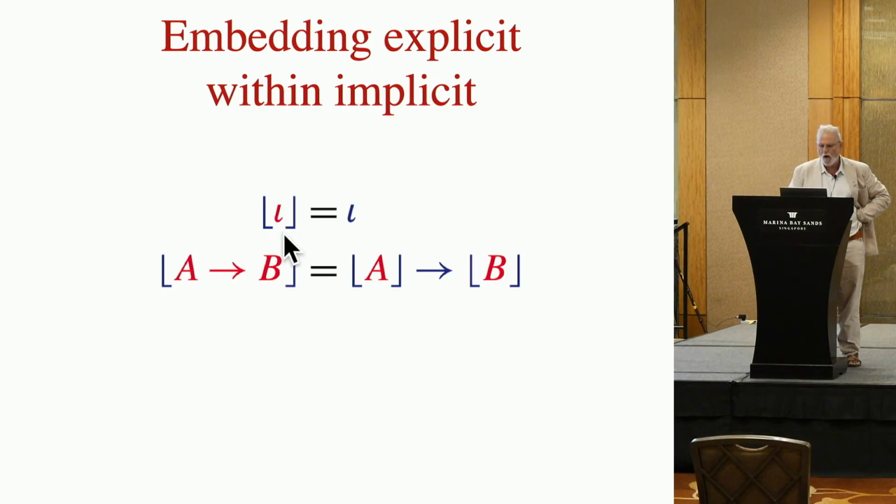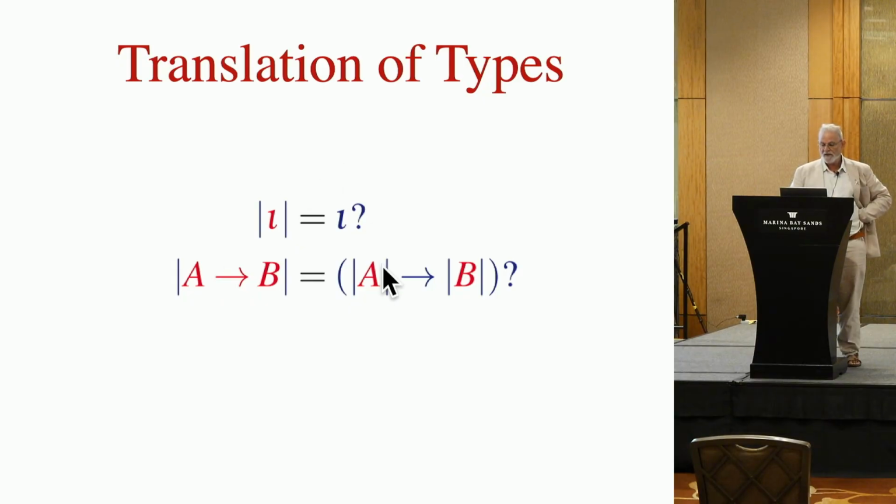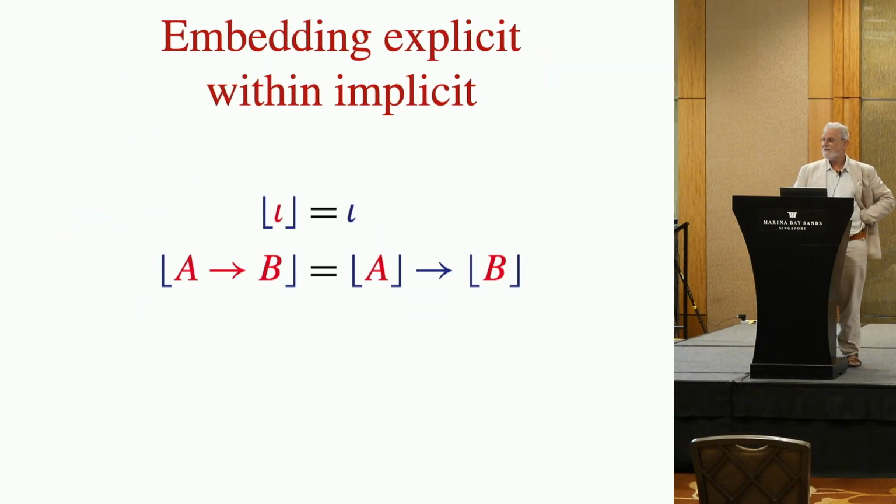So this is a conversion of implicit types to explicit types. And it just says it's the one that throws away all the question marks, right? This translation put a question mark on everything. This translation doesn't. So we get something that has no question marks in it.